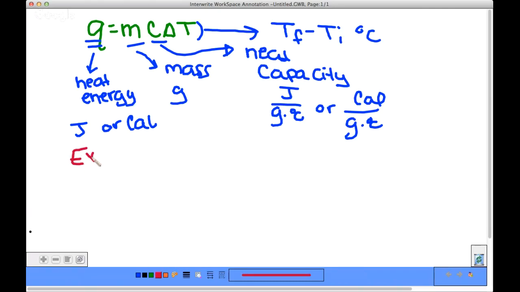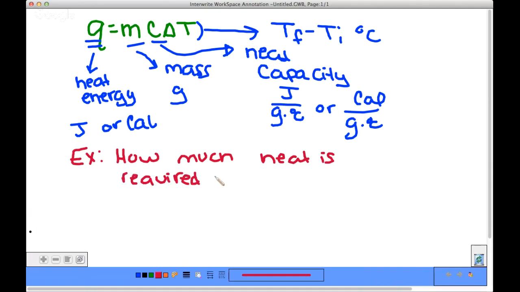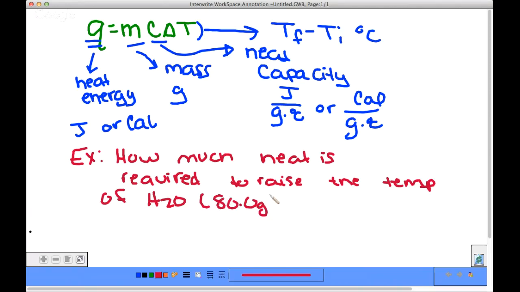For example, we might have an example problem that says: how much heat is required to raise the temperature of water, and let's say that we have 80 grams of it, from, let's say, negative 10 degrees Celsius to, say, negative 5 degrees Celsius.